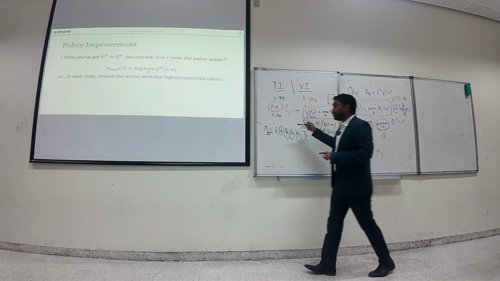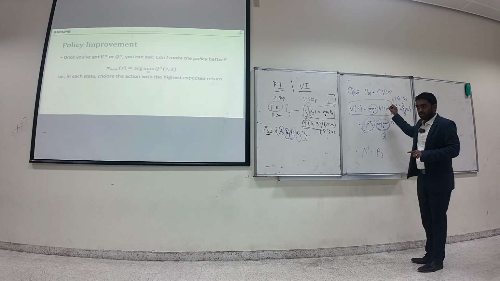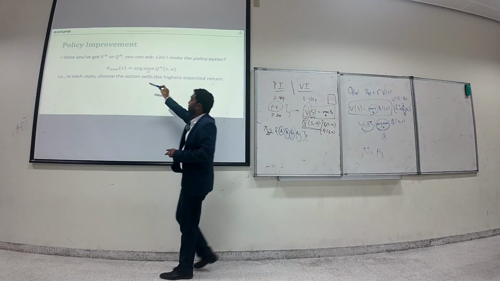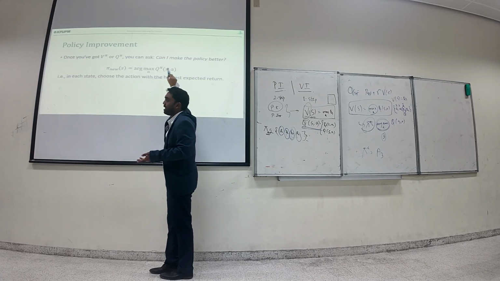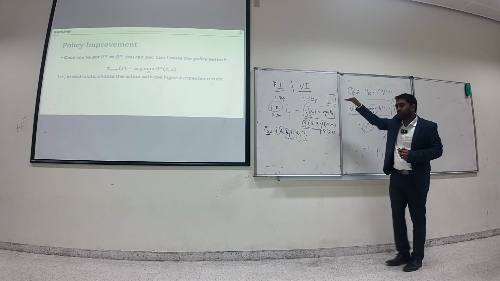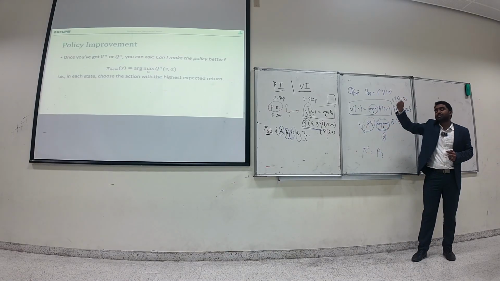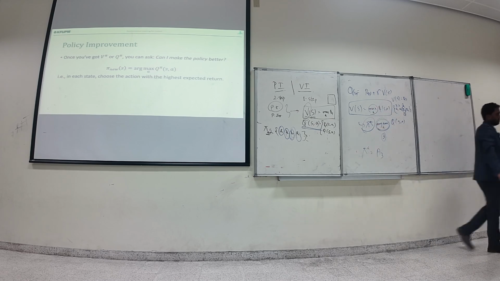And then when you're doing the improvement process, you consider the Q function to generate a new policy, because the policy is action, and quality functions, Q functions, are dependent on action. So first the value function, and then the improvement step will be the argmax of the quality function, the Q function. Okay?